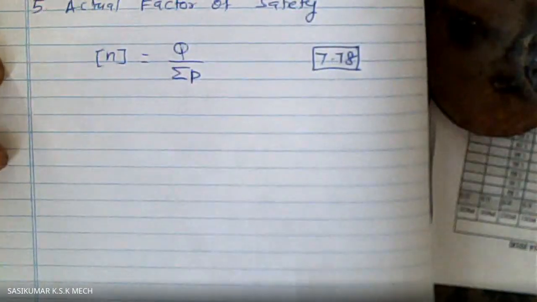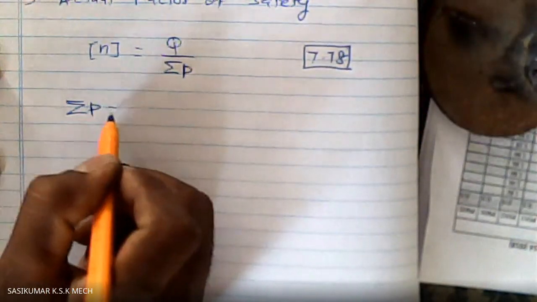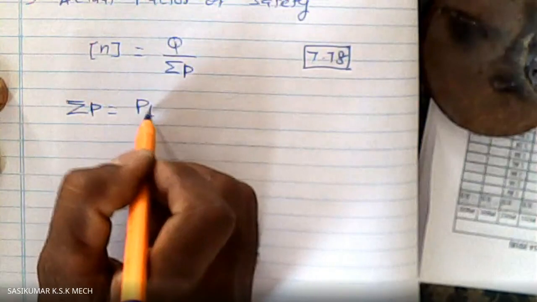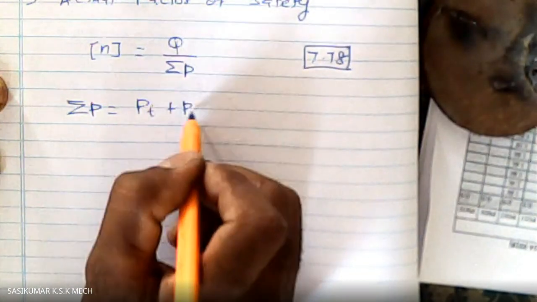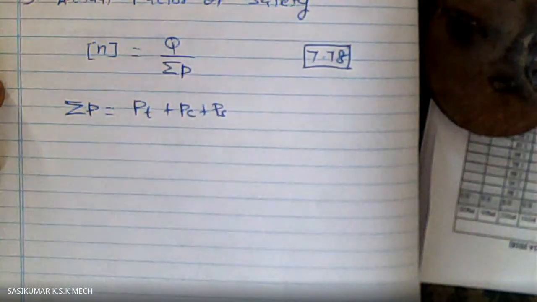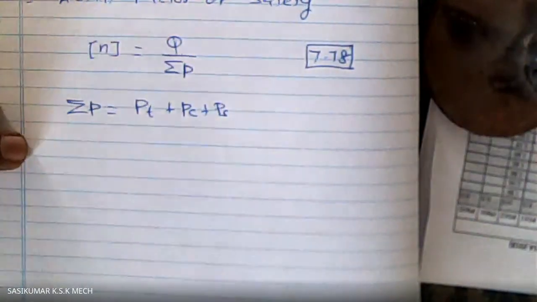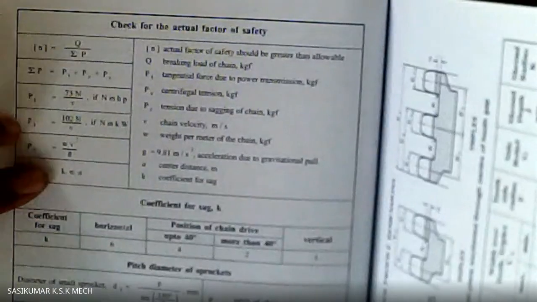Here sigma P is the total load acting, that is nothing but PT plus PC plus PS. These formulas are also available in the same page 7.78.